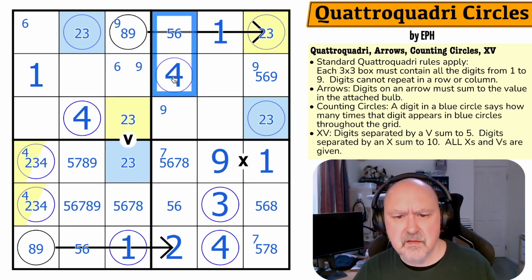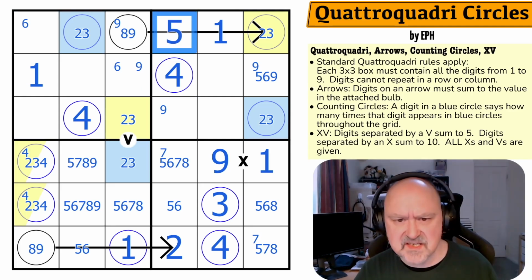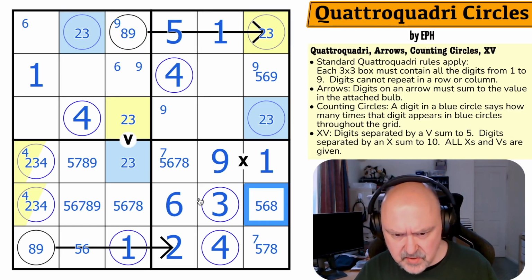Oh, it's right here. That 4 can't go next to a 6. That's a 5. That's been there how long? But again, this is 6, which means this is 2 or 3. It doesn't actually narrow anything down. It makes this the 6, though, which takes 6 out of those.